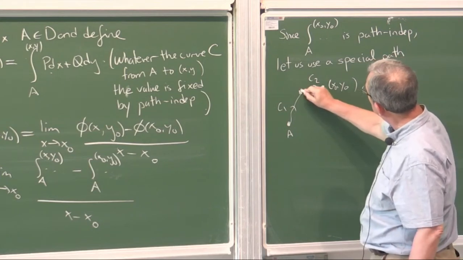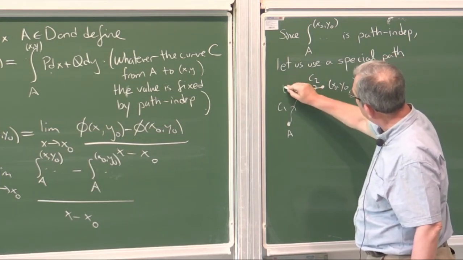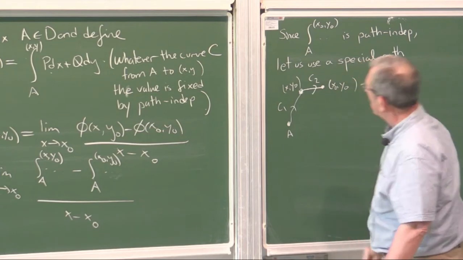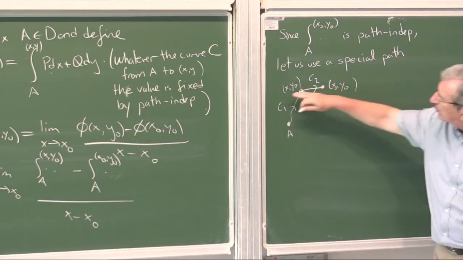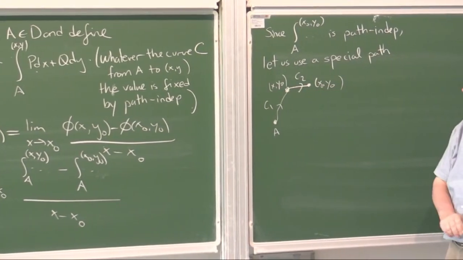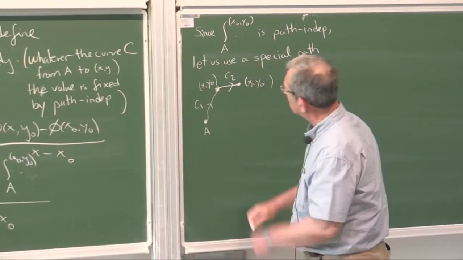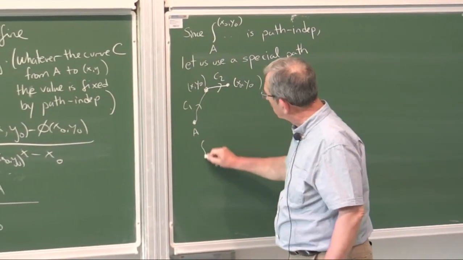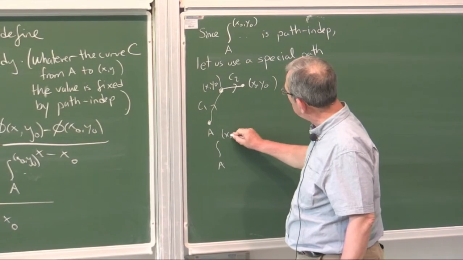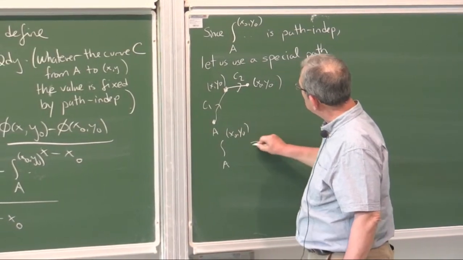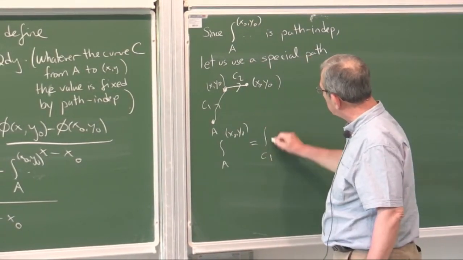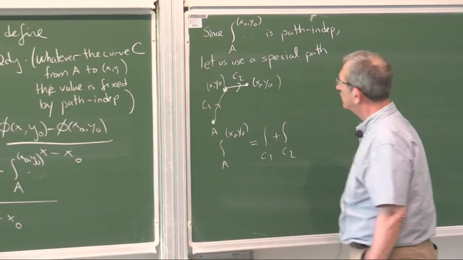This point will be (x, y0). Because y0 is the same, this is horizontal. So I will use this C. So the integral from A to (x0, y0) is the same as the integral over C1 plus the integral over C2.